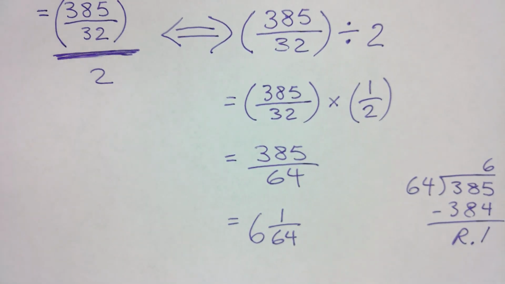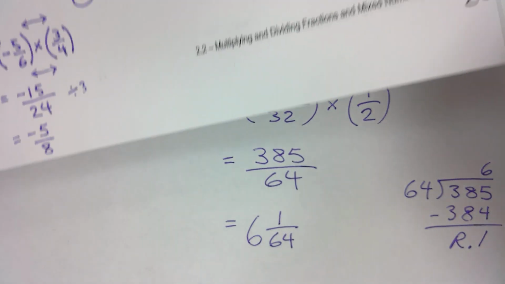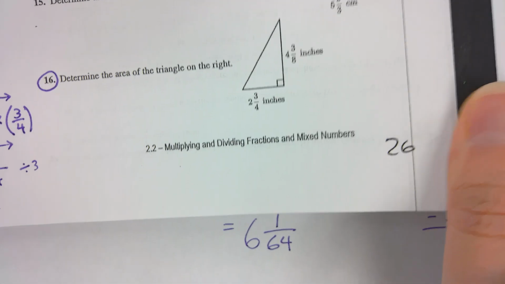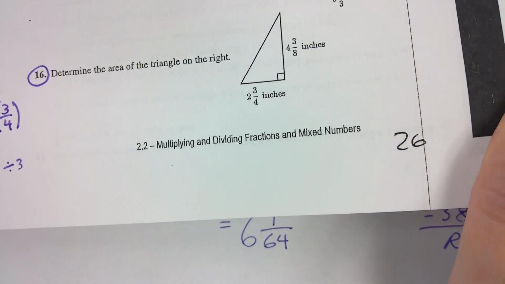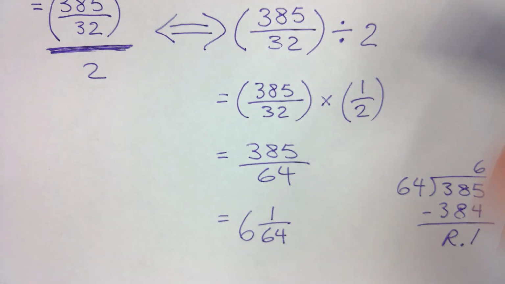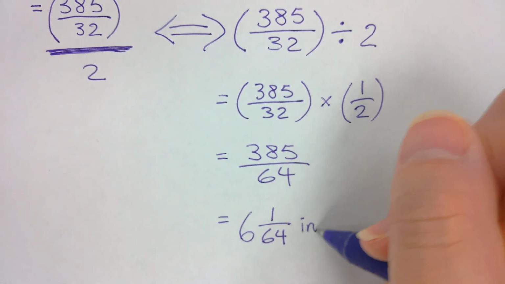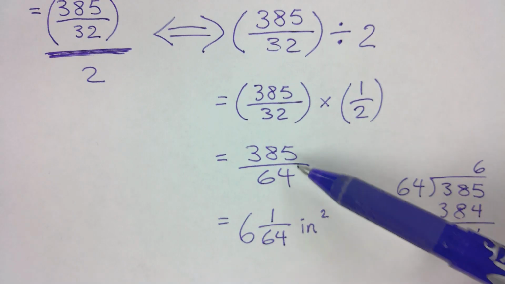Remember, this was a word problem to start with. Not so much of a word problem, but this was the question: determine the area of the triangle on the right. So what is my unit? Square inches. Right.